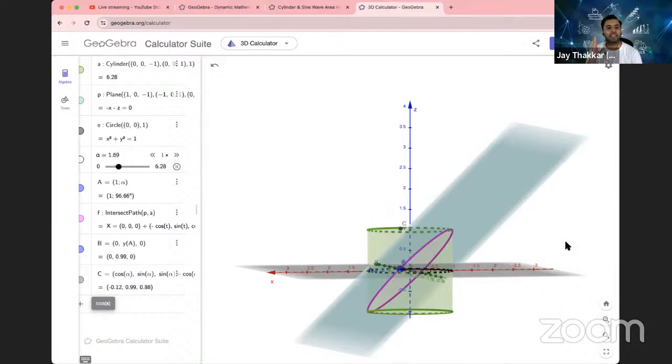The question is, can I convert this 3D problem, where an ellipse is in a 3D plane, and how its height, the z parameter, is changing, into a 2D thing? Let's say, can I find a triangle such that certain things I know, and the third value I'll be able to get? Can I do that? That's the question.